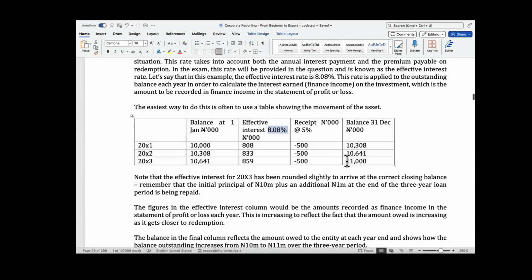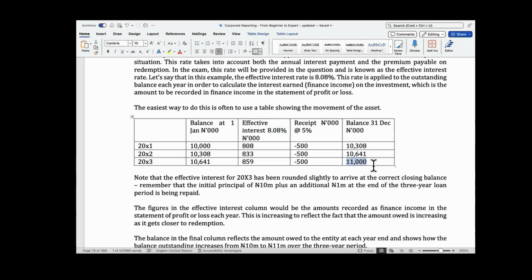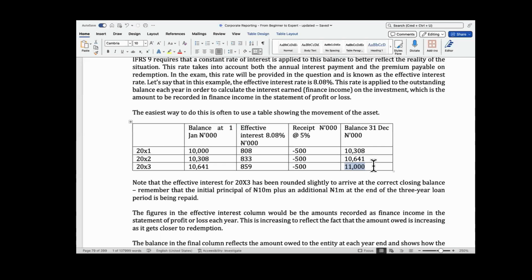If there are no questions, because I believe you should ask me something. This 11,000, or 11 million, you see that is the same as what you get at maturity. So how do you net off this amount out of our accounts when you collect your money back? What will be the double entry? How do you cancel it out?